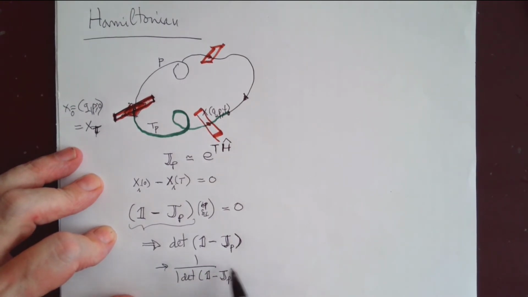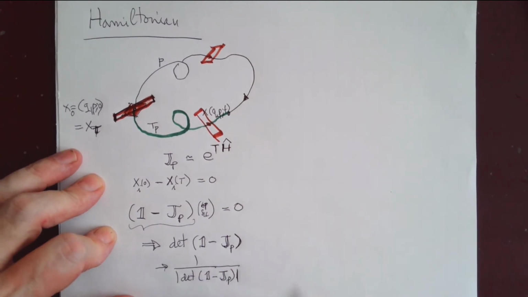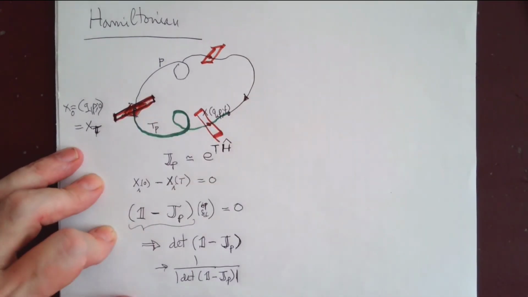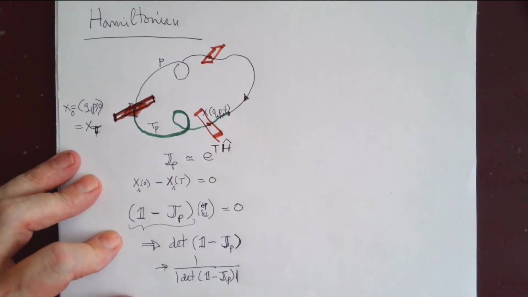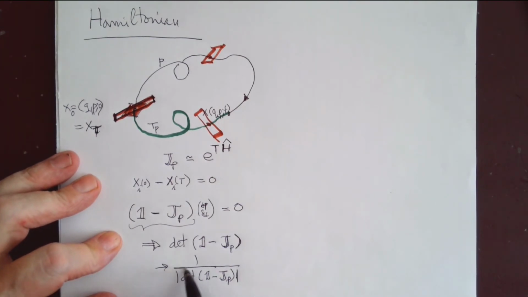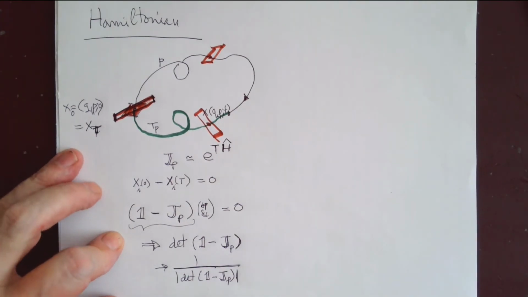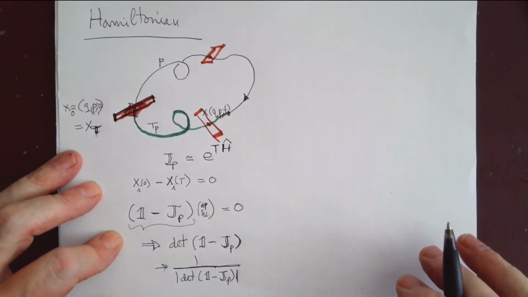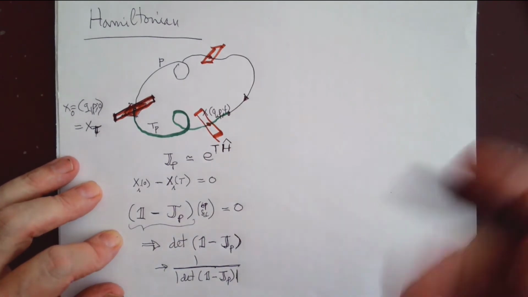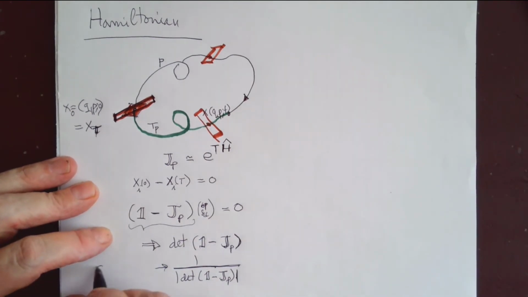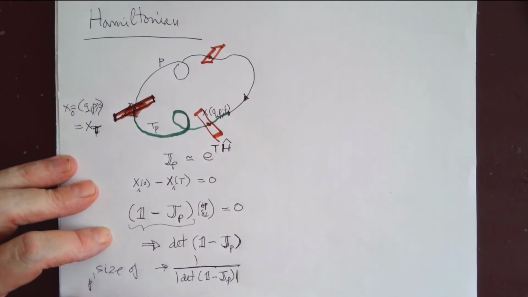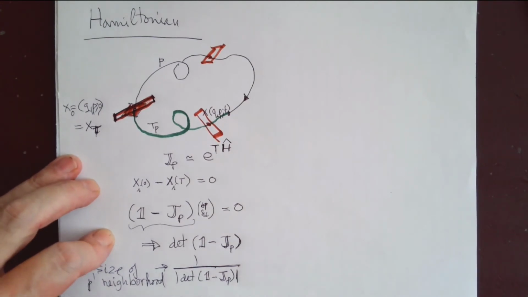And that's a kind of thing that then one interprets. The quantity 1 over the determinant of 1 minus J, this quantity here, can be interpreted as the size of the neighborhood that comes back after one iteration. So this turns out to play a very important role in Hamiltonian dynamics, evolution forward in time.